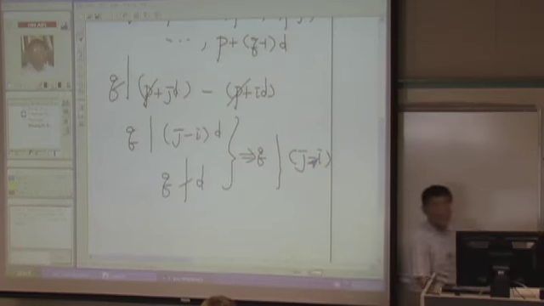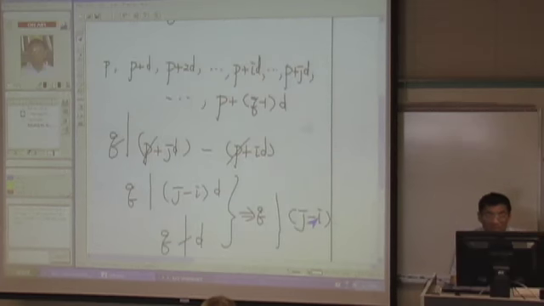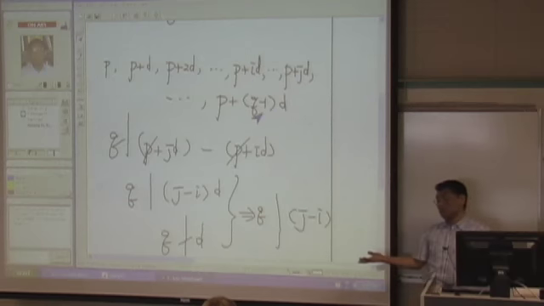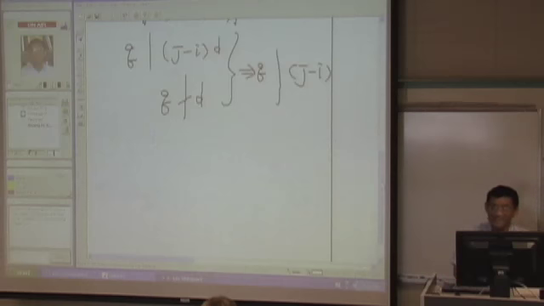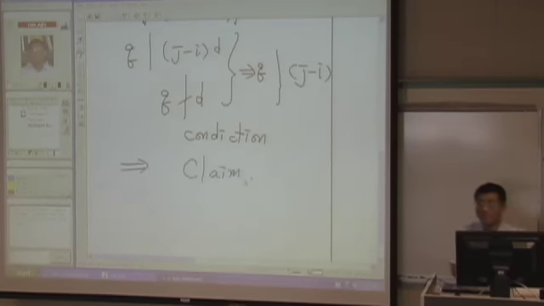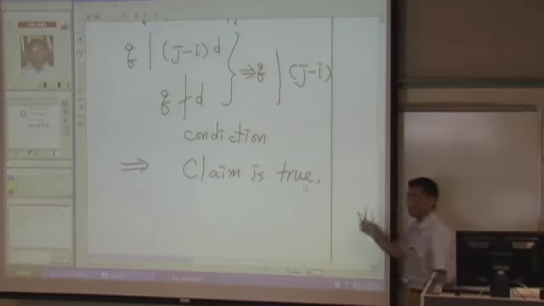But these numbers i and j are between 0 and q minus 1. Then can this difference be greater than q minus 1? Impossible. So contradiction to the claim, and this proves the claim.